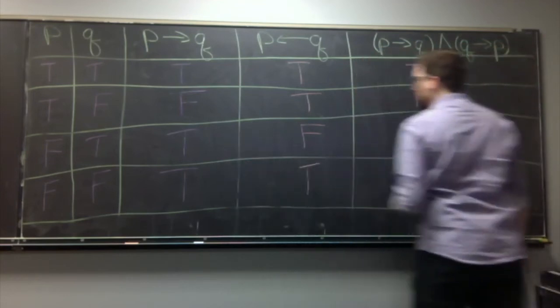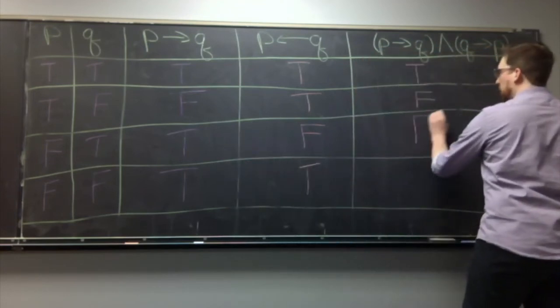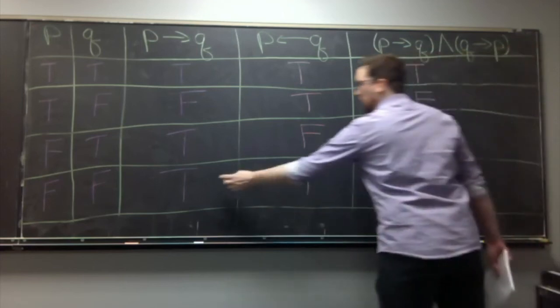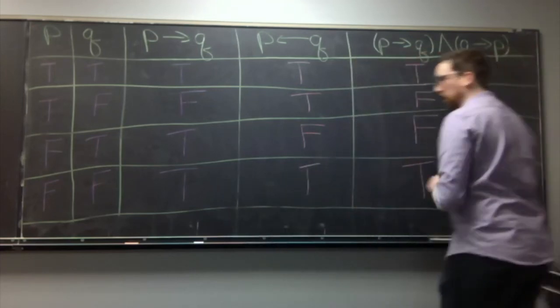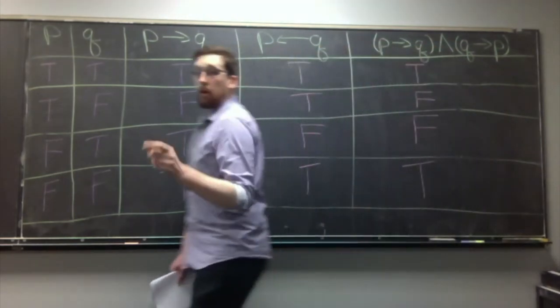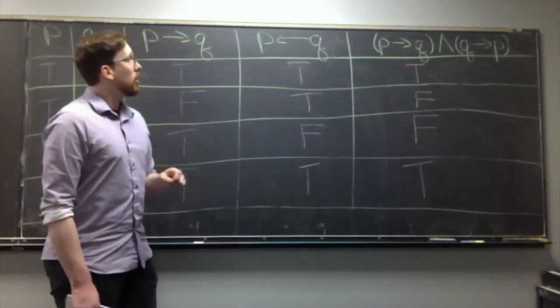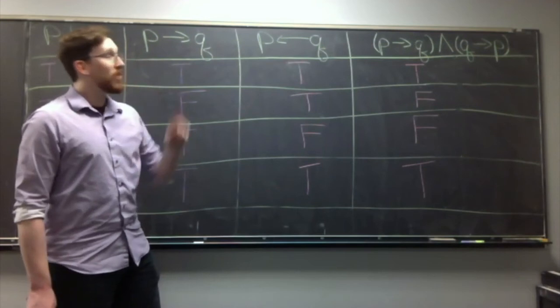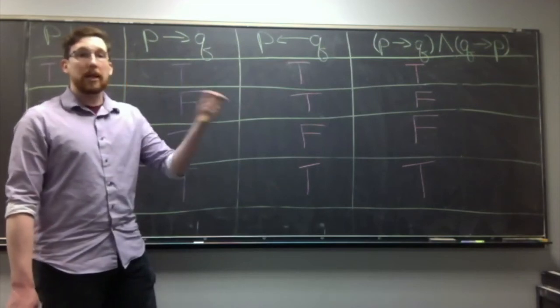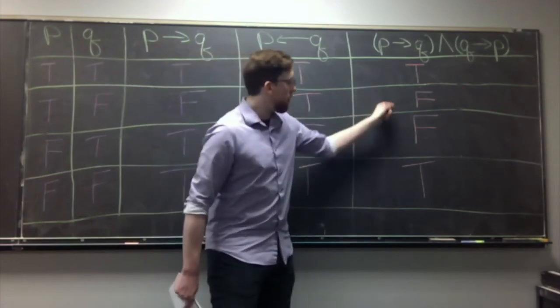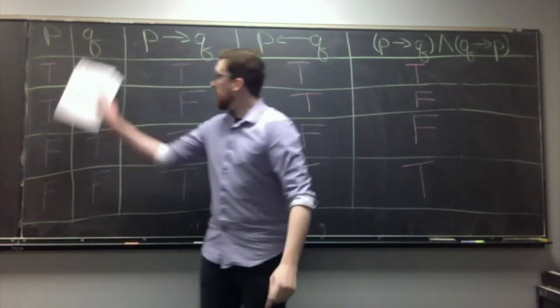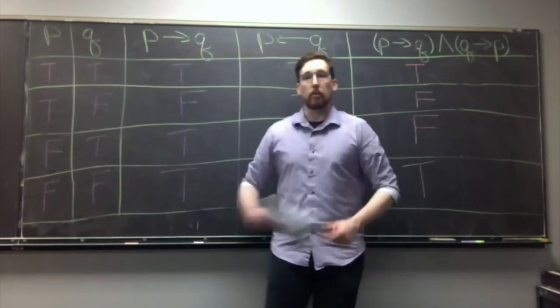True and false, false. True and true, true. So the statement P implies Q and Q implies P has truth values true, false, false, true, given this particular setup for our truth table.